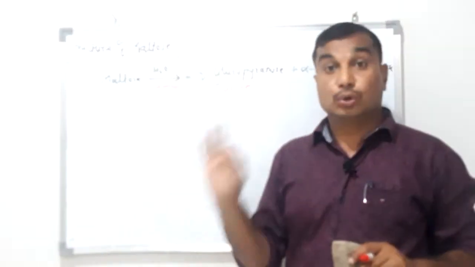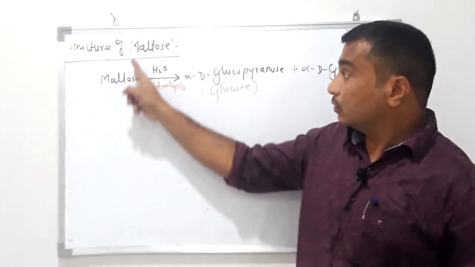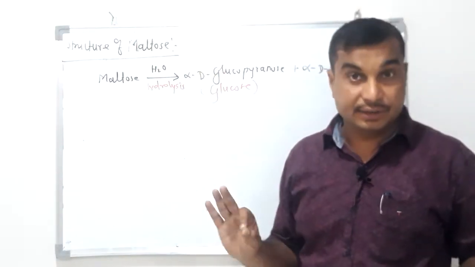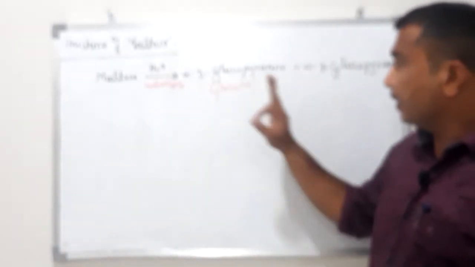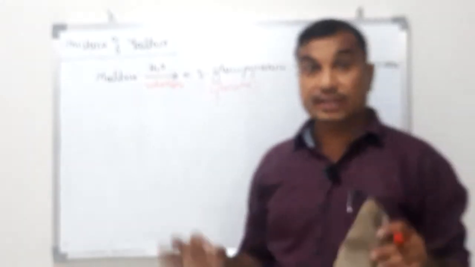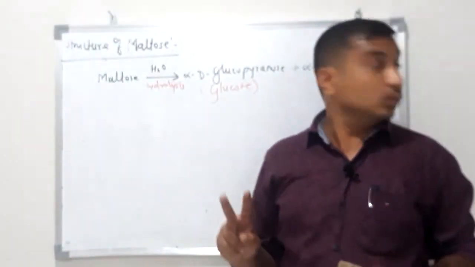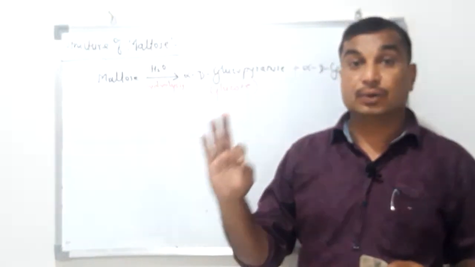Both are the same, identical. So how many monosaccharides is maltose giving? Two. Therefore maltose is a disaccharide. This hydrolysis reaction clearly indicates that maltose consists of 2 alpha D glucopyranose molecules.